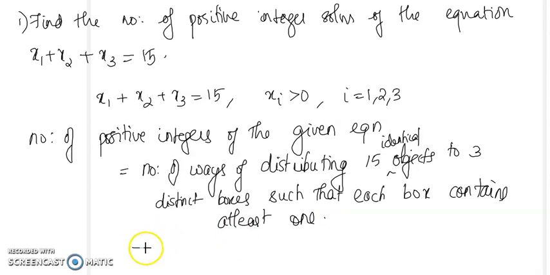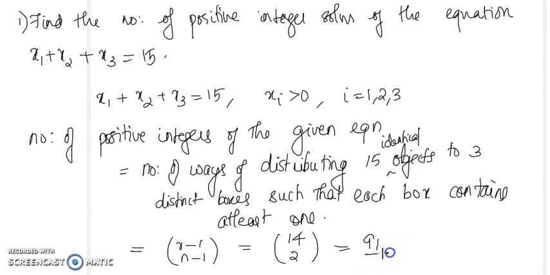Now we have seen this case in the distribution problem. So the number of ways is (r minus 1) C (n minus 1). So that will be equal to 14 C 2, which is equal to 91. So that is the required number of ways.